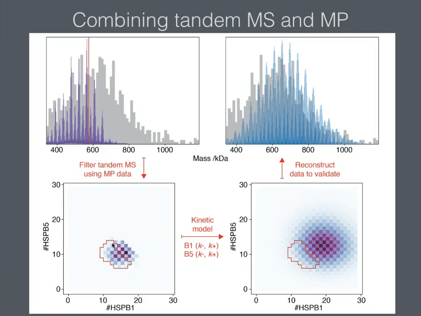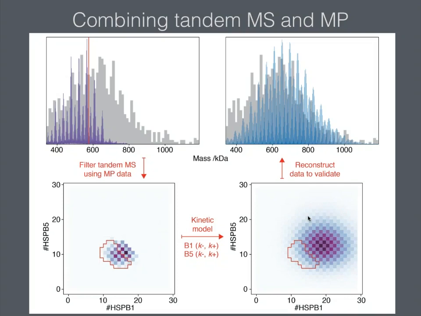Then we can fit our kinetic model to the oligomeric distribution within here, considering rate constants associated with the addition and subtraction of each type of subunit, and that gives us an overall distribution of the oligomeric states present in solution, which is this whole large checkerboard now. So that's what we predict based on a kinetic model.